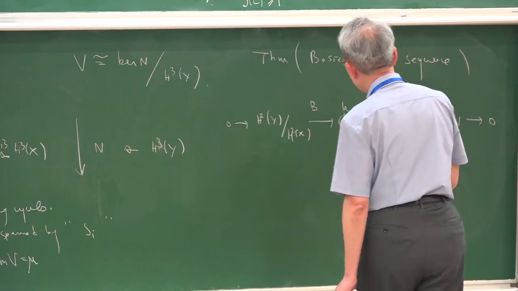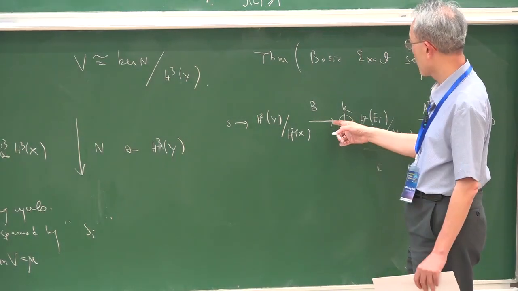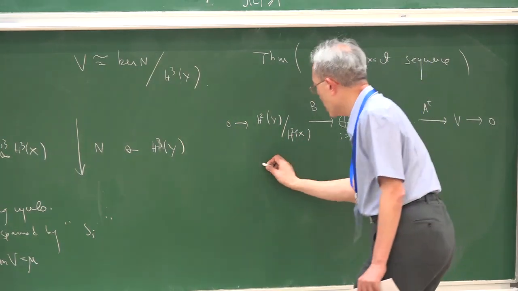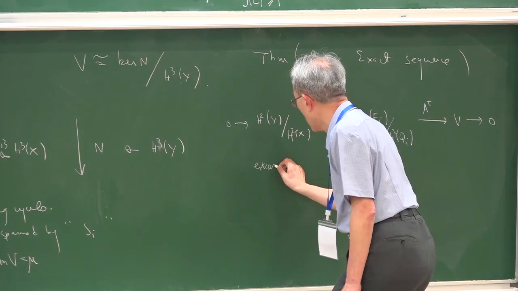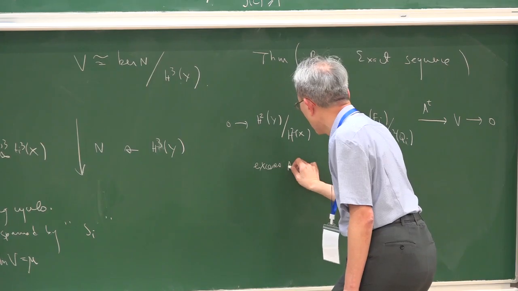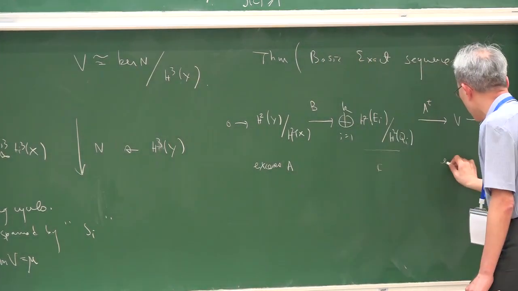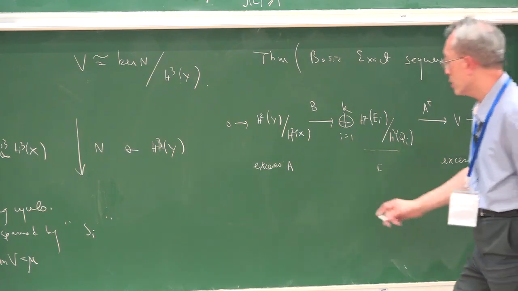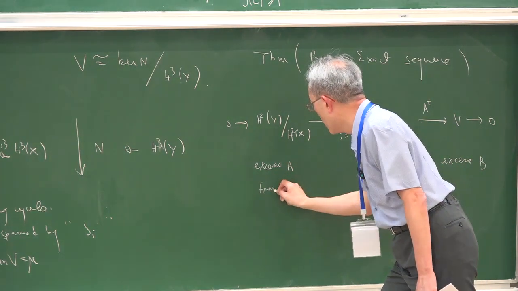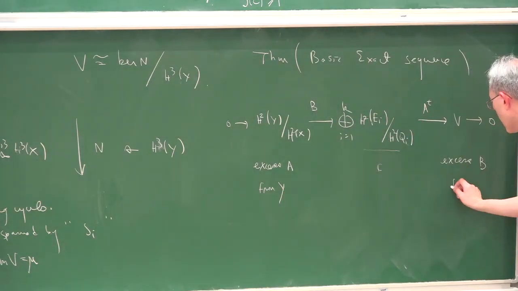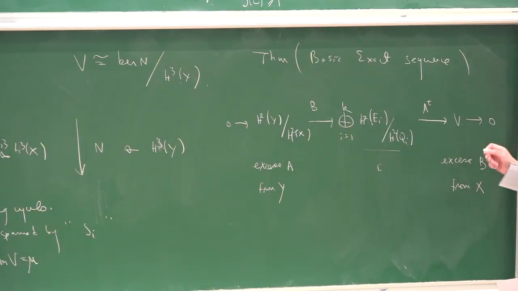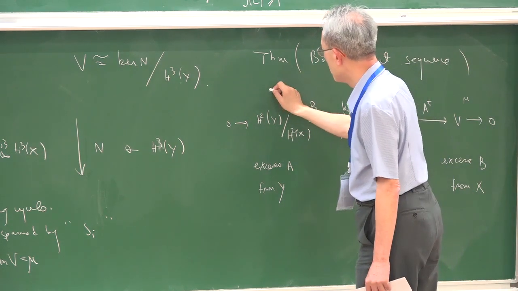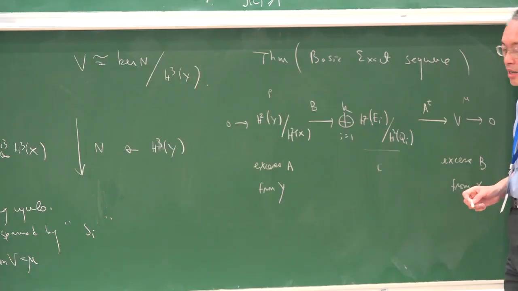But the interesting thing is, we call this excess A, and we call this excess B. Excess A from Y, and this is excess B from X. And this is dimension mu, and this is dimension rho, relative to the Picard rank.